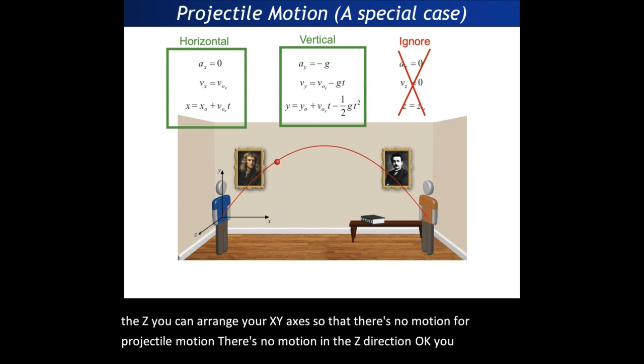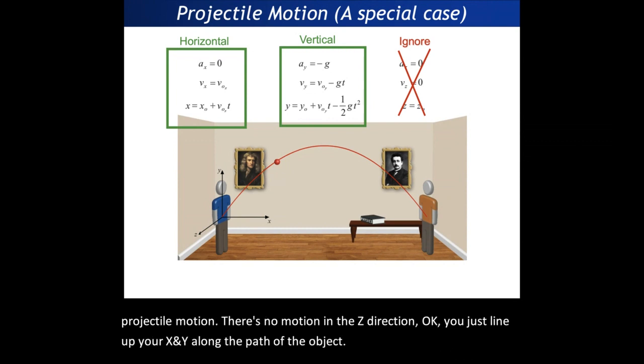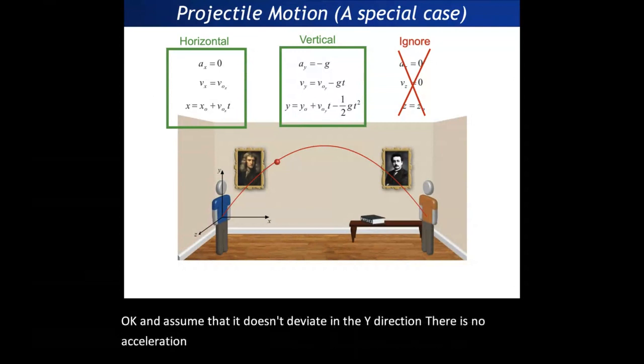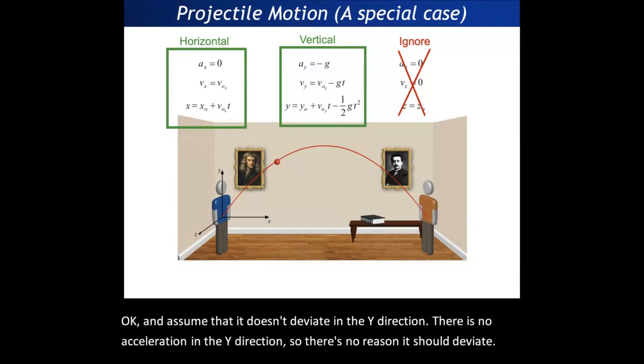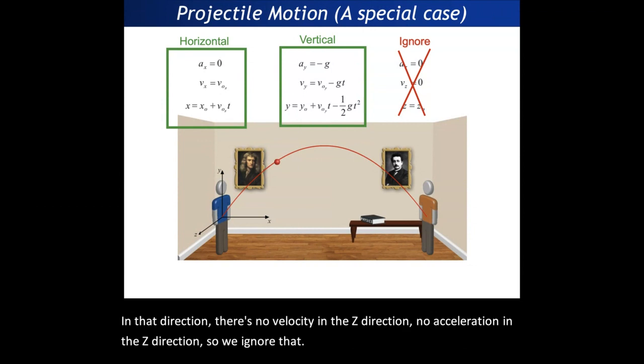You just line up your x and y along the path of the object, and assume that it doesn't deviate. There is no velocity in the z direction and no acceleration in the z direction, so we ignore that.